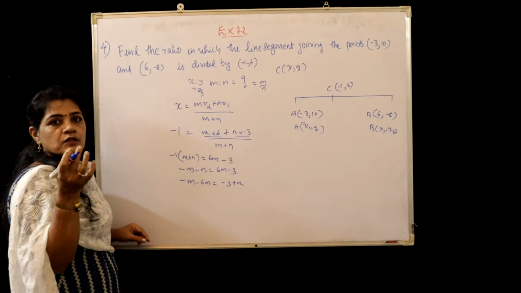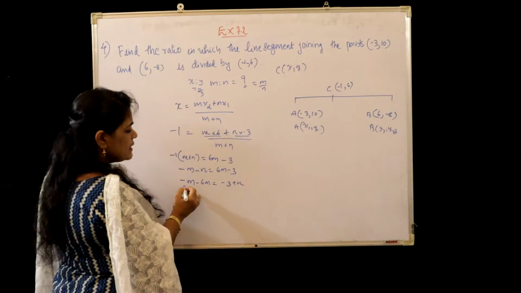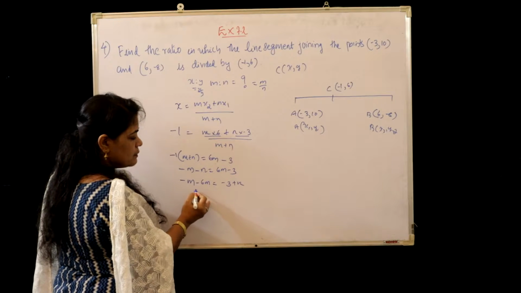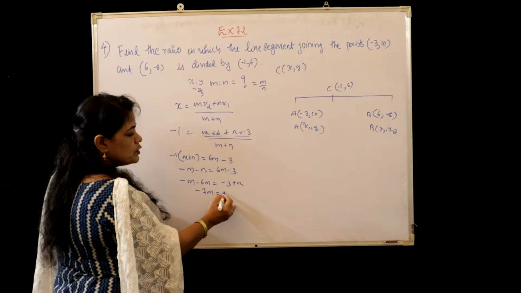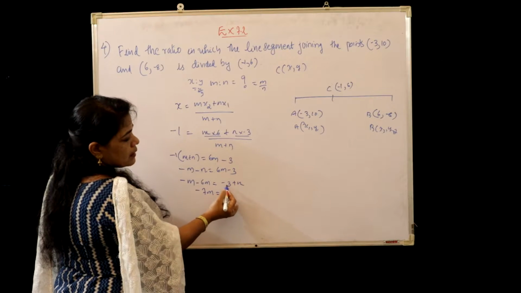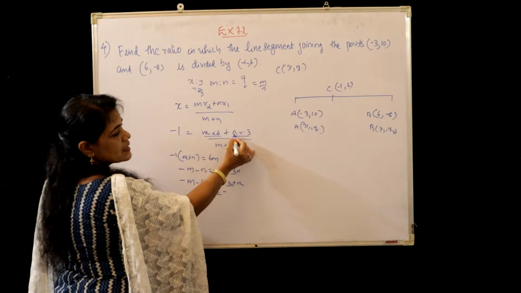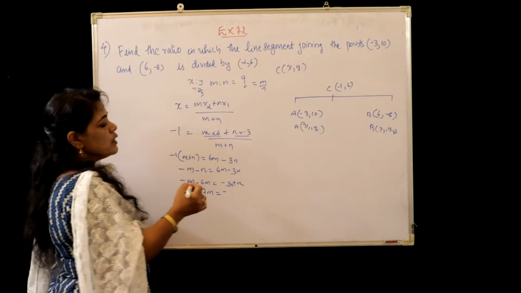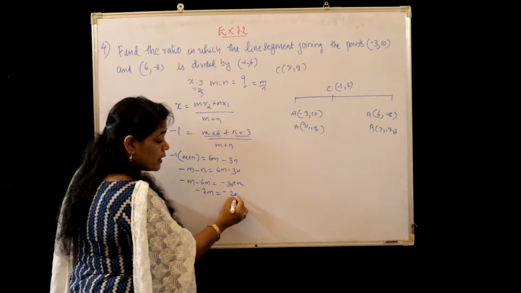It is clear, children, because we need the answer in terms of m by n. And these like terms can be added. So -m minus 6m is -7m, equal to -3n plus n, which is -2n.